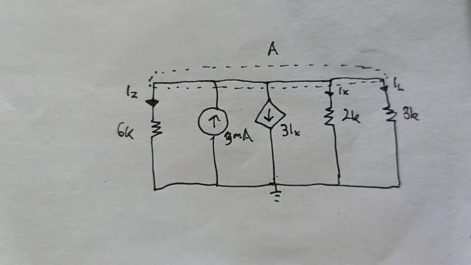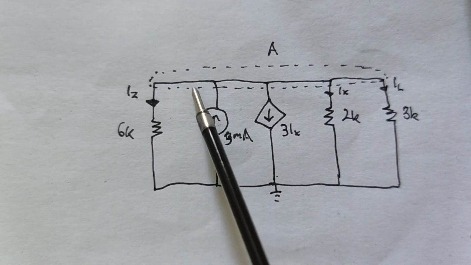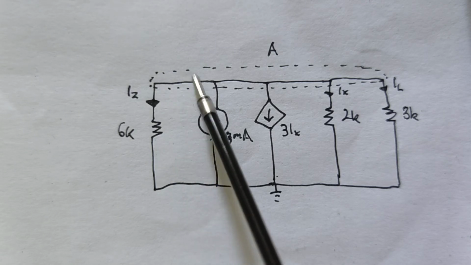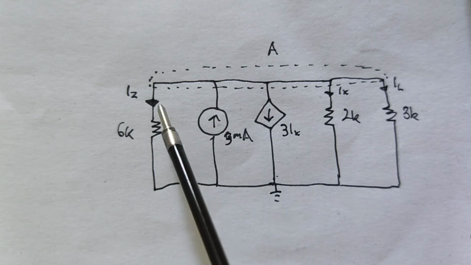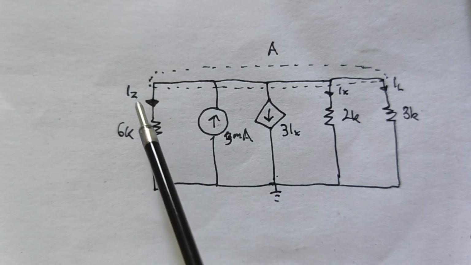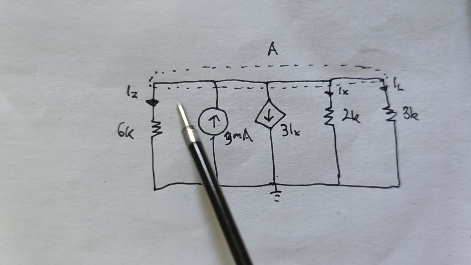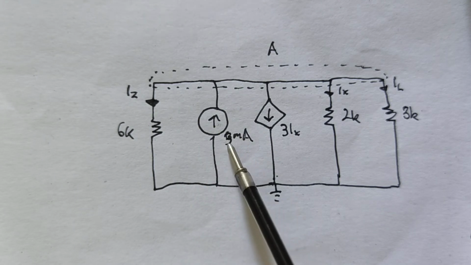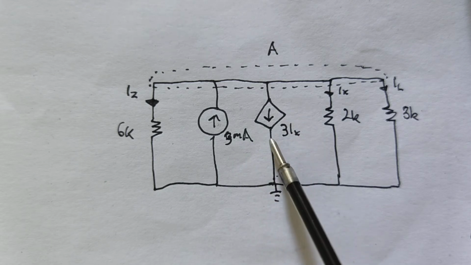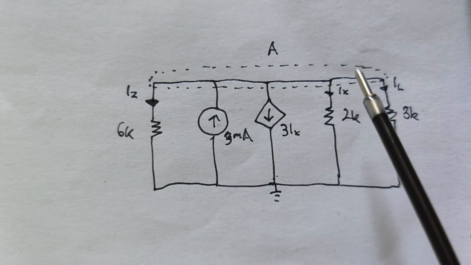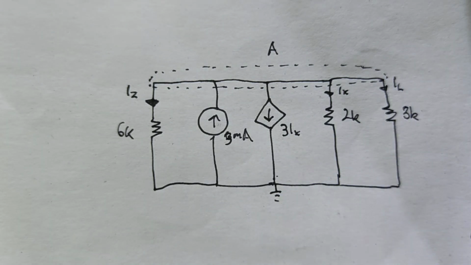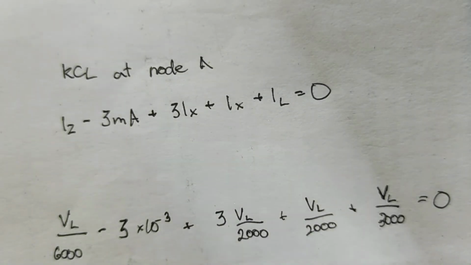Starting from Iz, if it's going out of this node, I would make it positive. So positive Iz minus 3 milliamps plus 3Ix plus Ix plus IL equals 0.